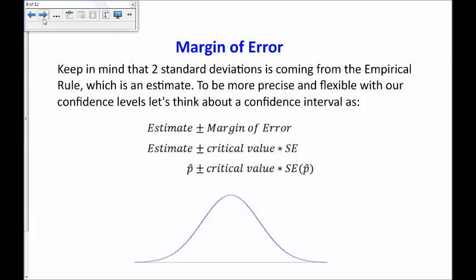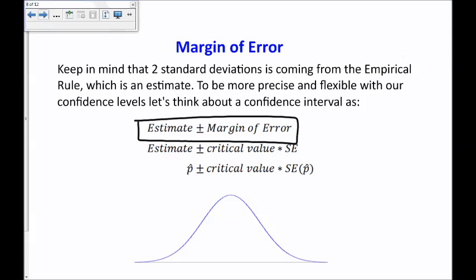Also keep in mind that the 2 that we've been using, the 2 standard deviations for a 95% confidence interval, comes from the empirical rule, which is an estimate. It's a rule of thumb. Now, to be more precise and more flexible with our confidence levels, we need to think about it as an estimate plus or minus some margin of error.